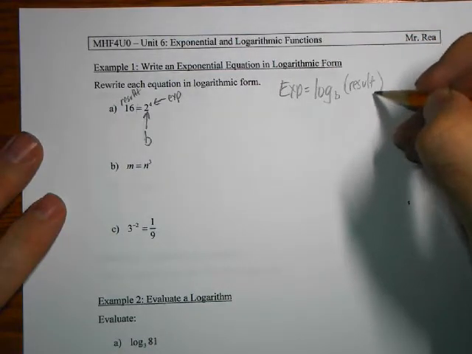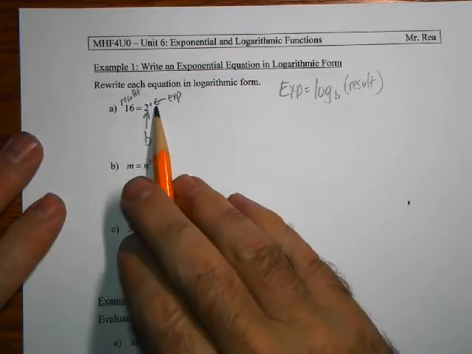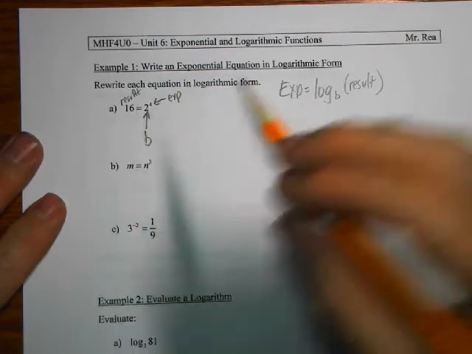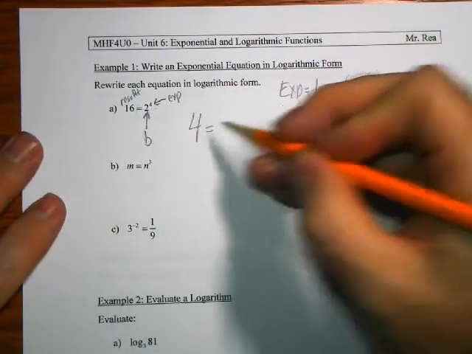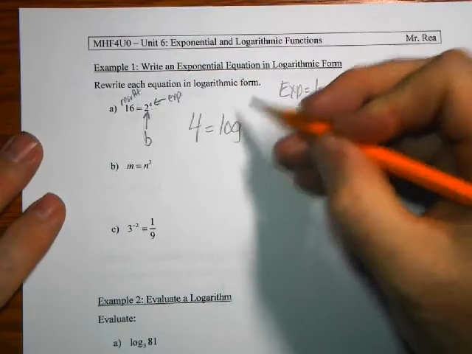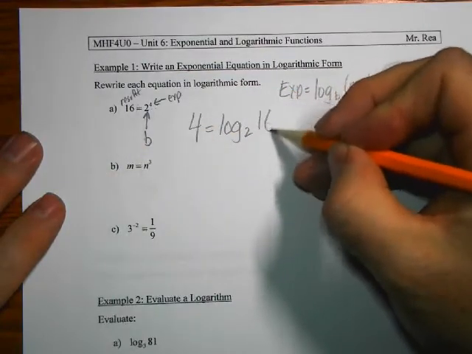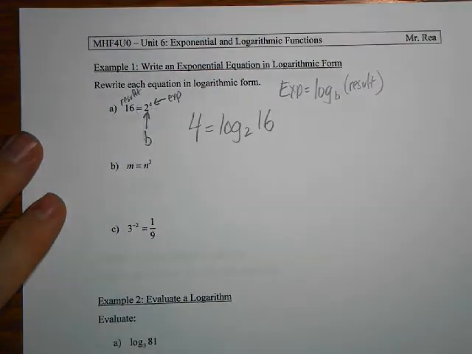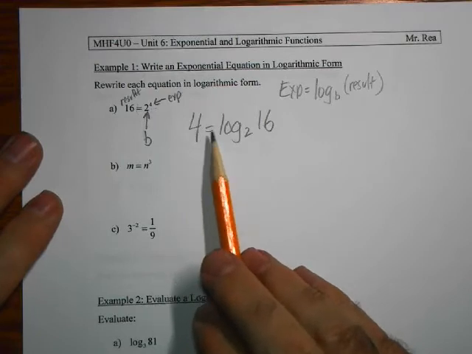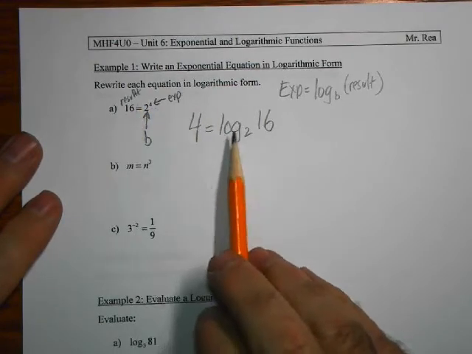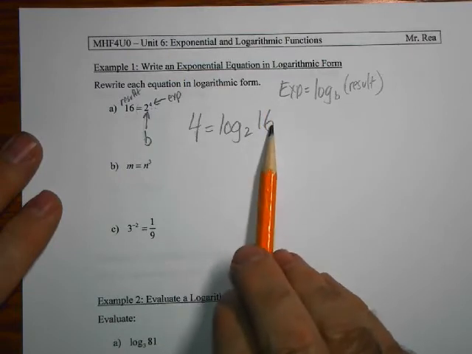I don't expect you to think about it this way all the time, but at least remember that the exponent is how we're going to start this equation. So this is going to be written as the exponent is the log base b, which is base 2, of the result. As long as you can figure out where the base is and where the exponent is, you should be good. And the result always goes, you're taking the log of that number.